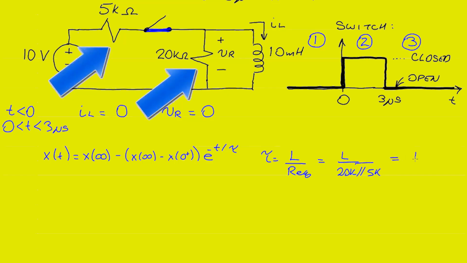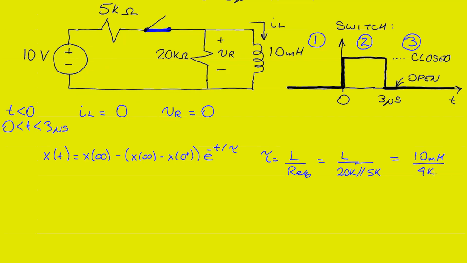And so we'll end up with our 10 millihenry inductor over 4 kilo ohms. If we work that out, our time constant works out to 2.5 microseconds. So that will be the time constant for both the resistor's voltage and the inductor's current.